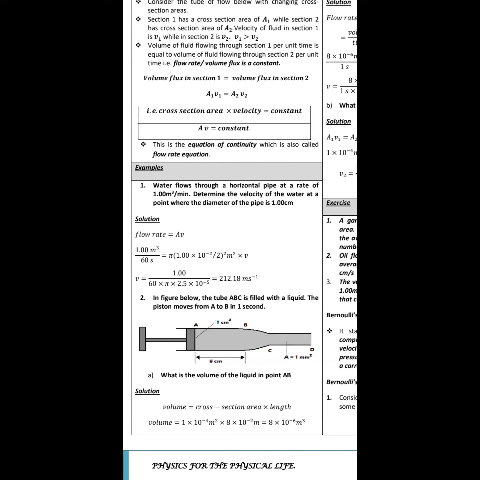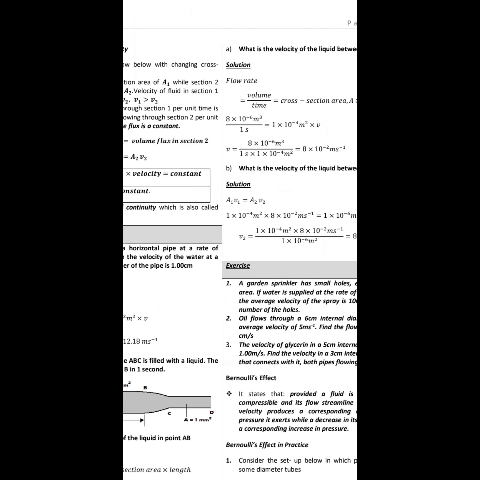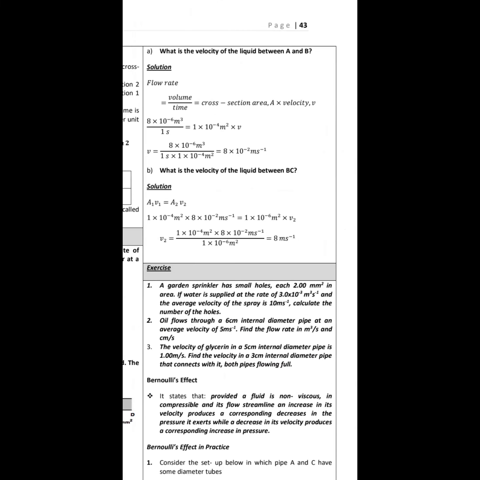Now, what is the velocity of the liquid BC? We use the equation of continuity. We have the values: cross-sectional area 1 multiplied by velocity 1, we equate to cross-sectional area 2 multiplied by velocity 2.